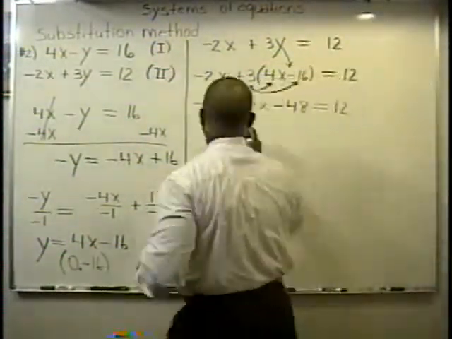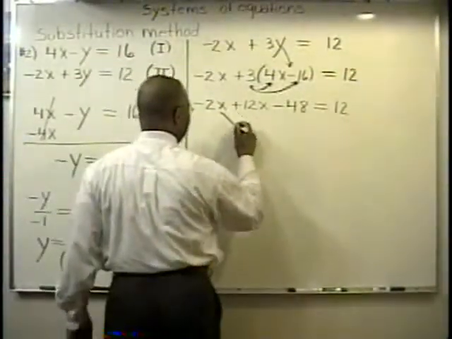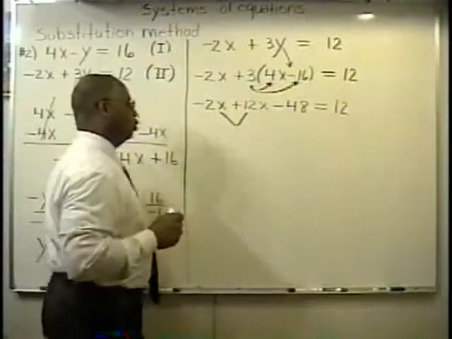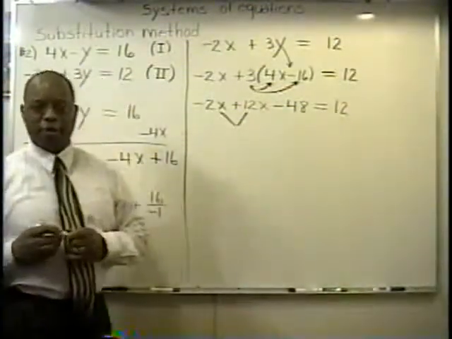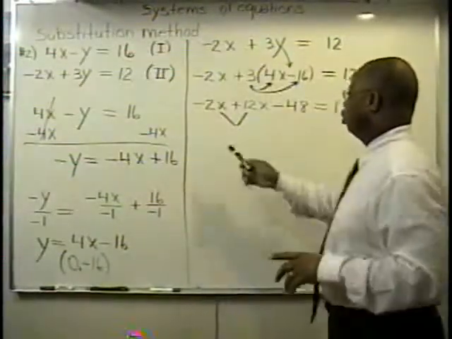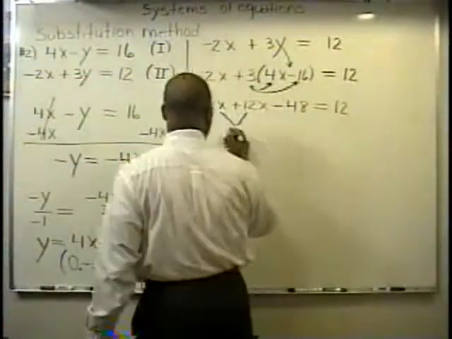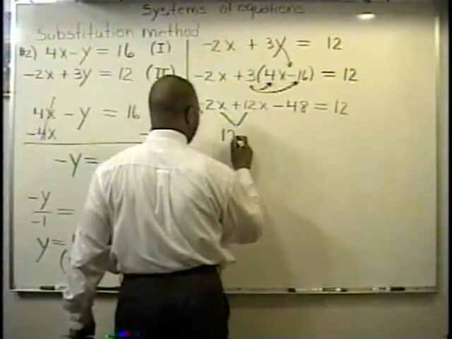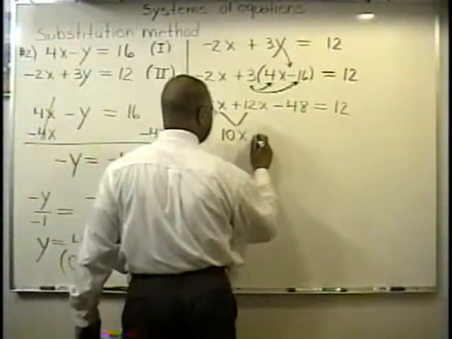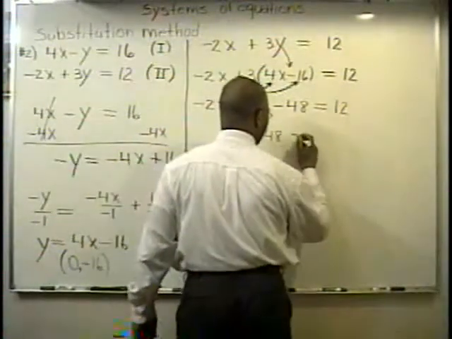Yes, these two terms. The x terms are alike. I totally agree. So now we're going to combine those. When two numbers are opposite in sign, we get 12 minus 2. These two negatives cancel two positives. We end up with 10x. So far I have 10x minus 48 is equal to 12.